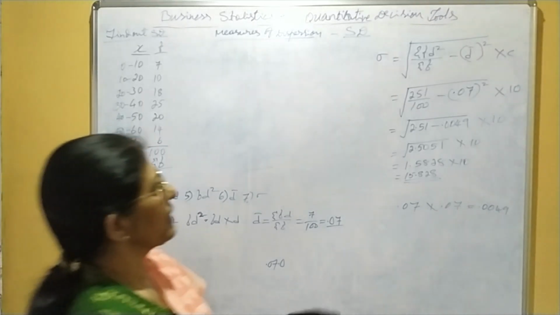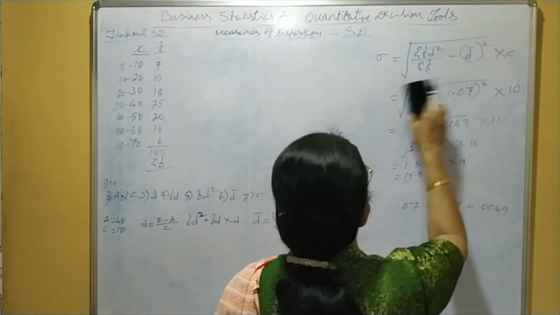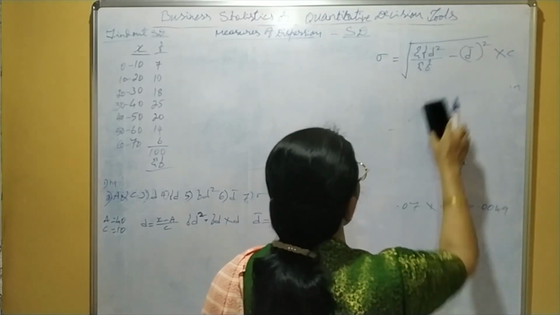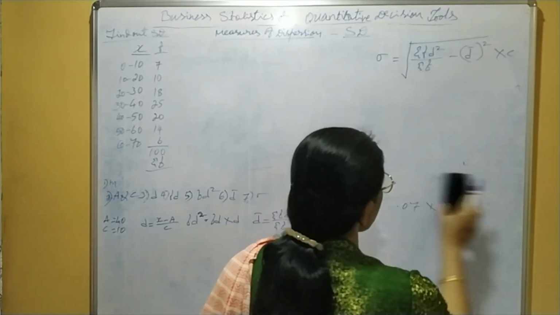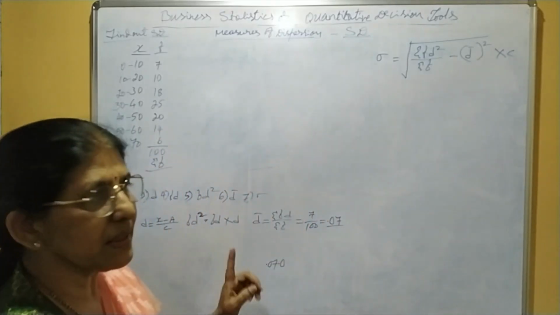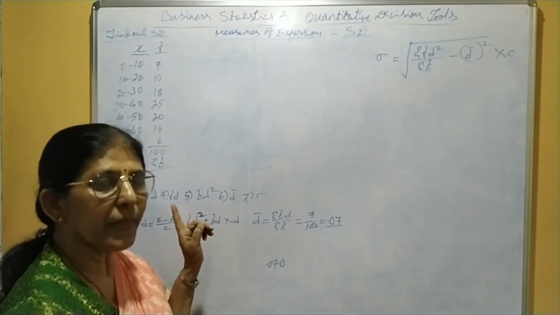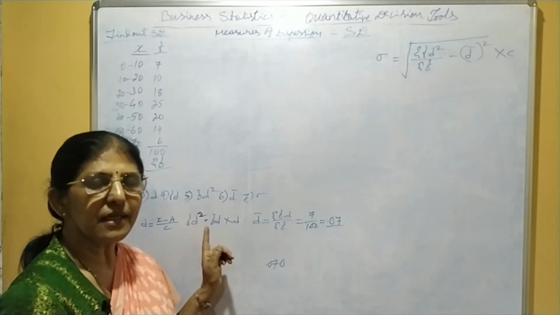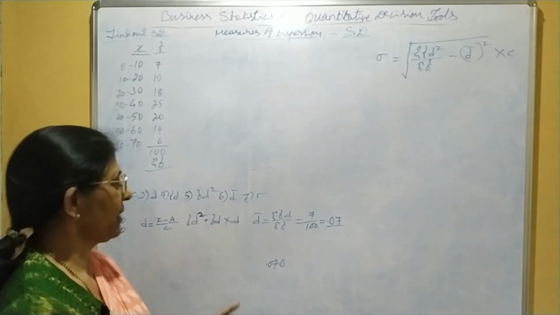I have already told you, to find standard deviation even under continuous series, the formula is the same. The difference is the C. In case of discrete series, C refers to common increment. In case of continuous series, C refers to common class interval.